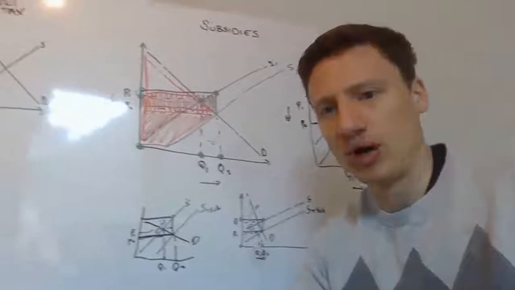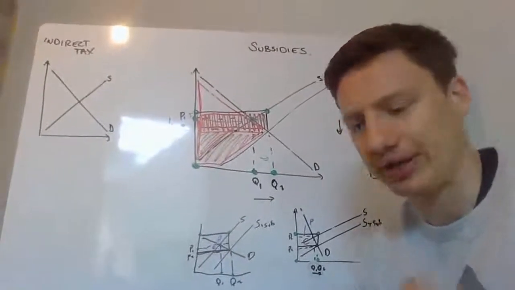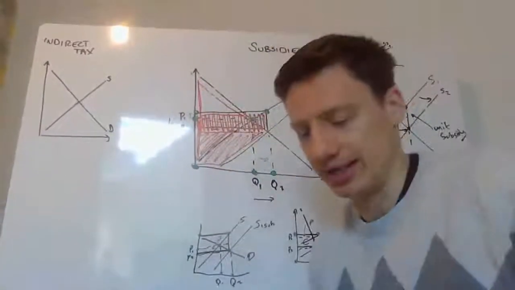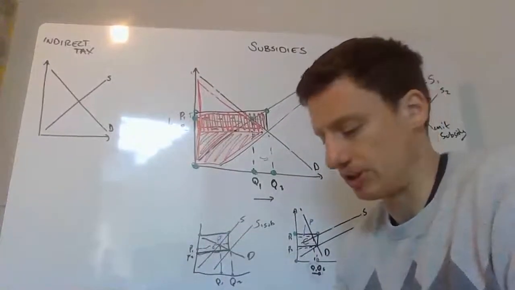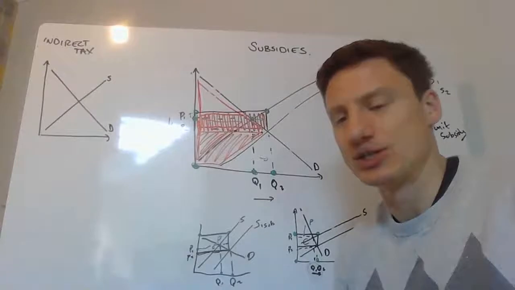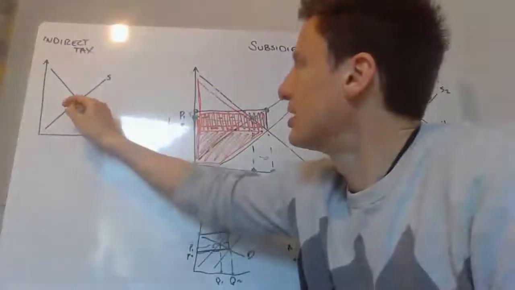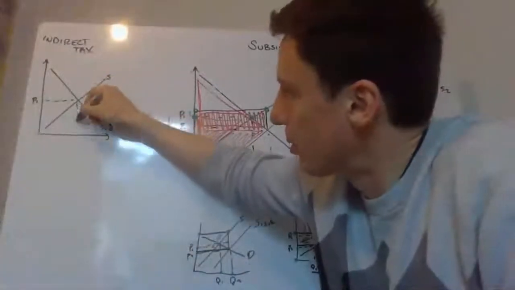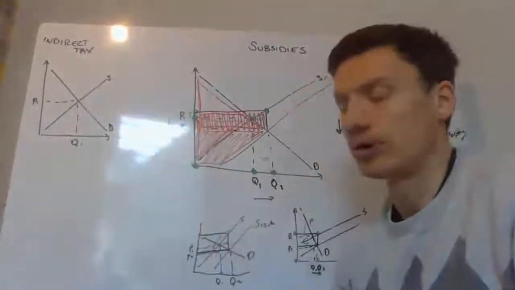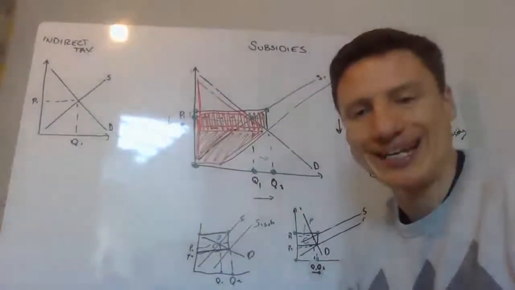Finally then, I thought I would just go back to the indirect tax stuff that we were doing yesterday and also talk you through the consumer and producer surplus elements, because I didn't do that with you yesterday. So here is our market for cigarettes at P1 Q1, and this time we're going to put an indirect tax on.